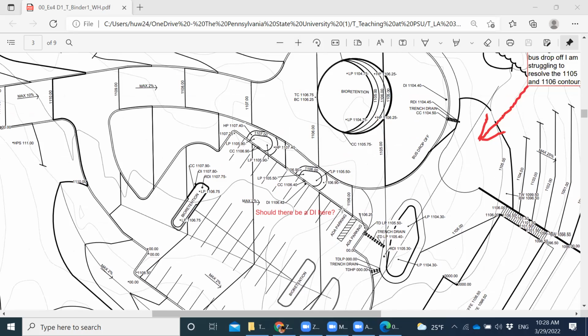When the entrance is over here, you would want to probably leave that much space for walking.